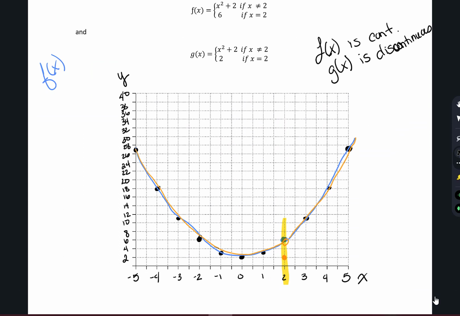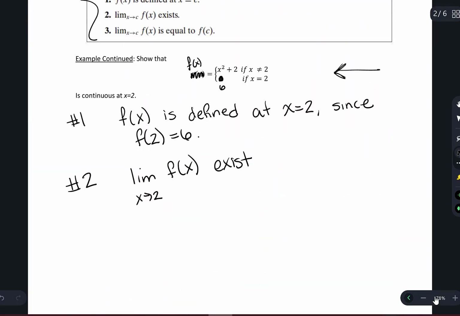We can see as we come from the left that the blue line is approaching 6. And as we come from the right, the blue line is also approaching 6. So we know that that limit exists, and in fact, the limit as x approaches 2 of f of x is equal to 6.